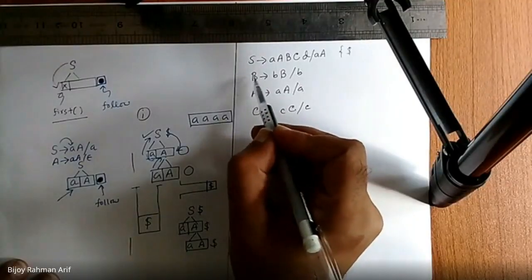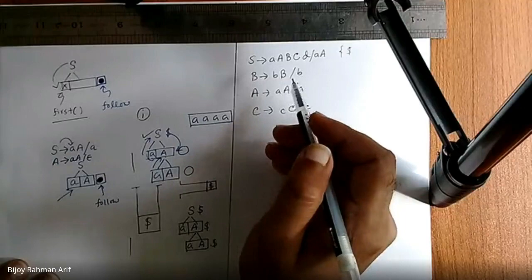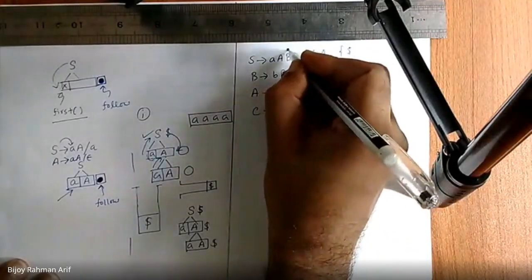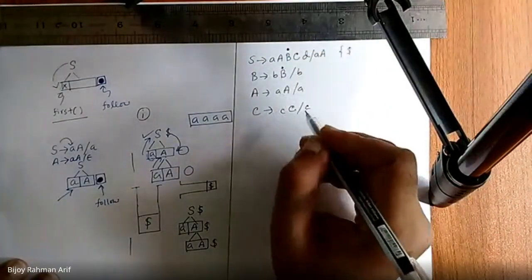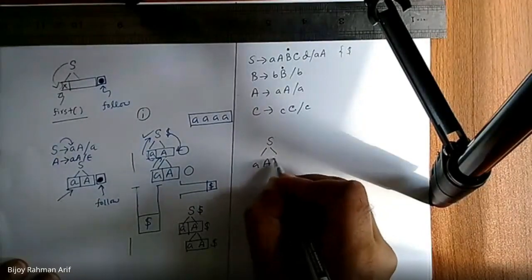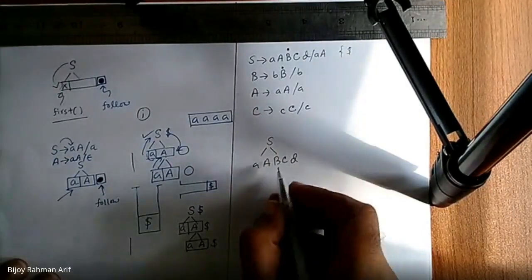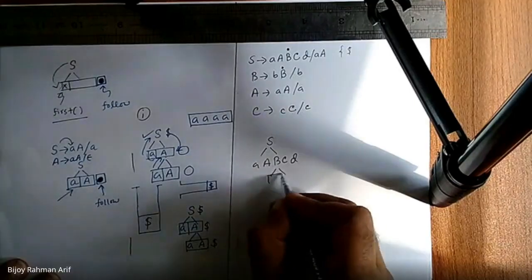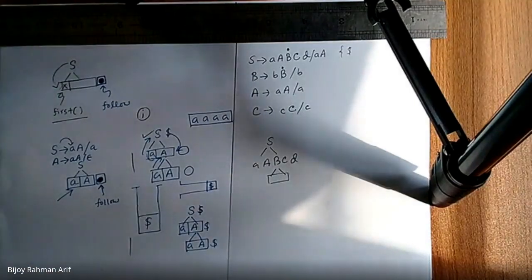We want to find the follow of B. Am I right? Yes, sir. So B appears where in the right hand side? Here. Anywhere else? No, sir. So if S derives A, B, capital C, d, then what would be the follow of B? Tell me.